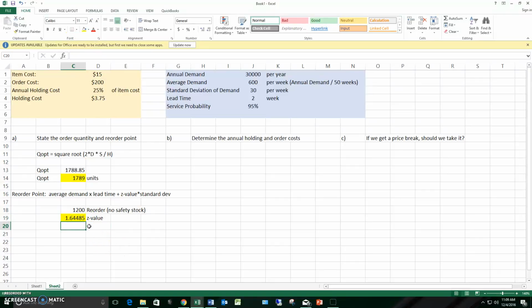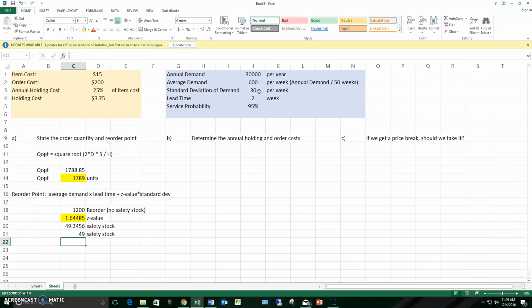So that means our safety stock is going to be that number times our standard deviation. So we're going to carry a safety stock of 49.3456 units. I'm going to round that again and say that we carry a safety stock of 49 units.